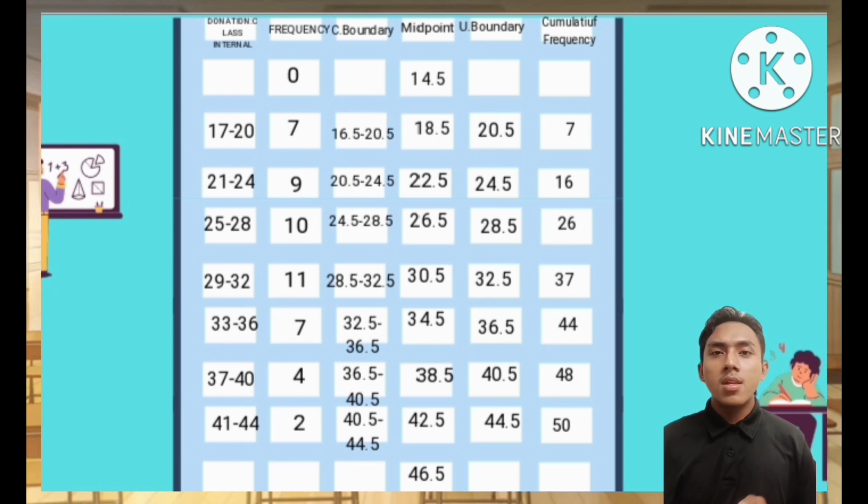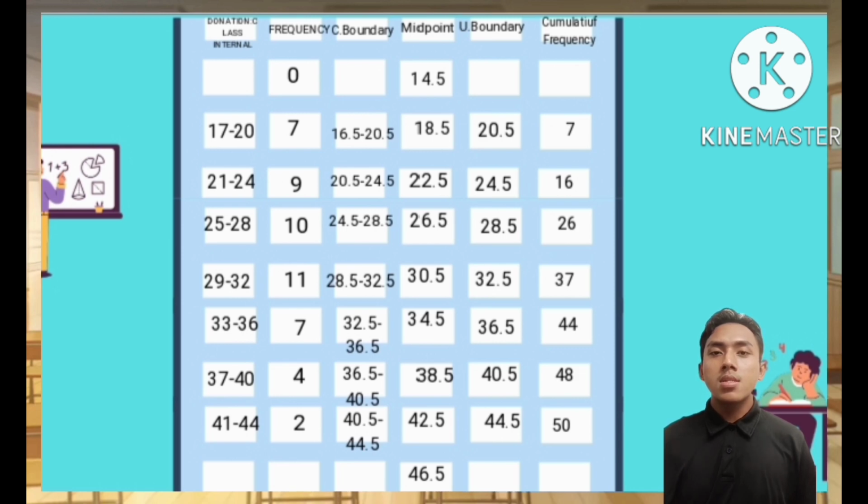Next, the way to find the class boundary. First is the left way: take the left number of the class interval, which is 17, and subtract 0.5, equal to 16.5.